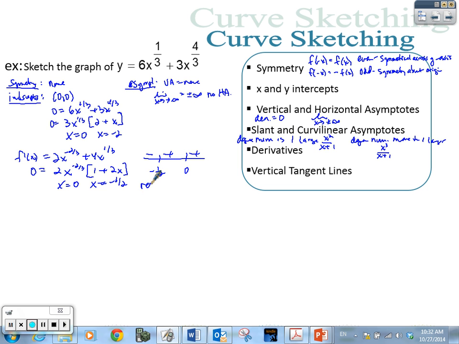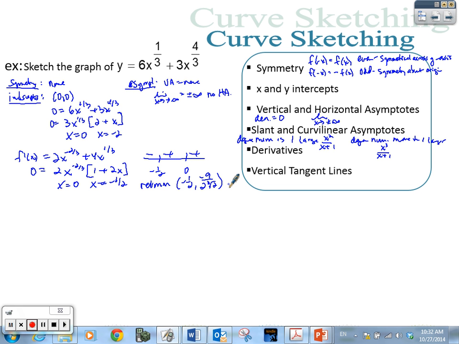So we have a relative minimum at negative 1/2. Now when you put the negative 1/2 back into the original function, you get something a bit messy. It is negative 9 over 2 cubed root of 2. So we're graphing. We just know that that's just some weird negative number. I'm not going to expect you to know the value of that. We just need to know it's negative. Alright, so that's my minimum.